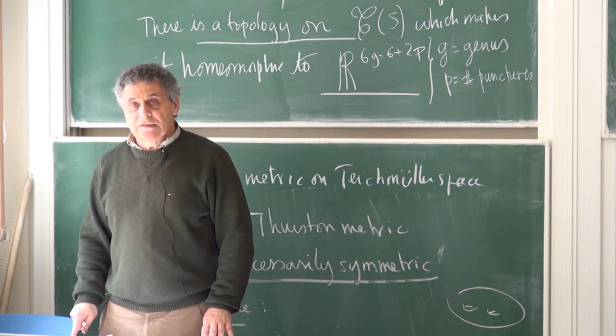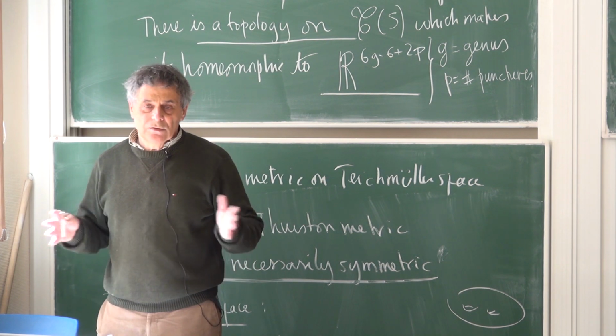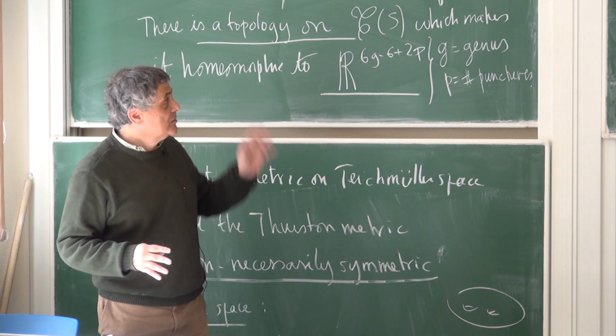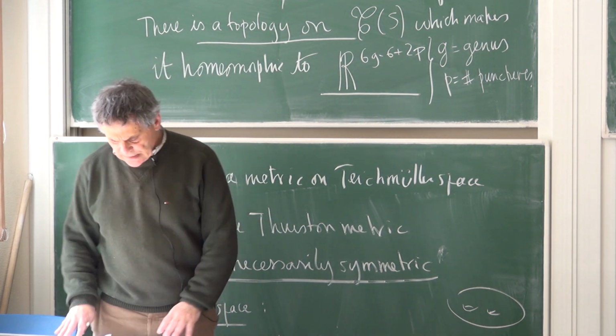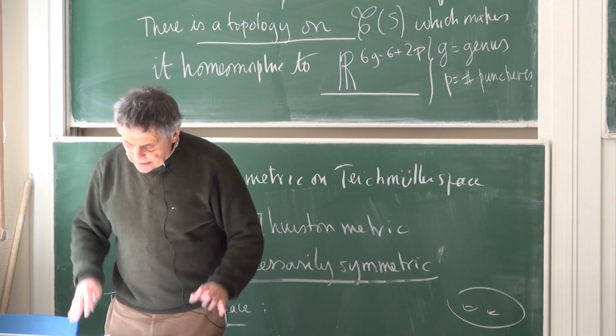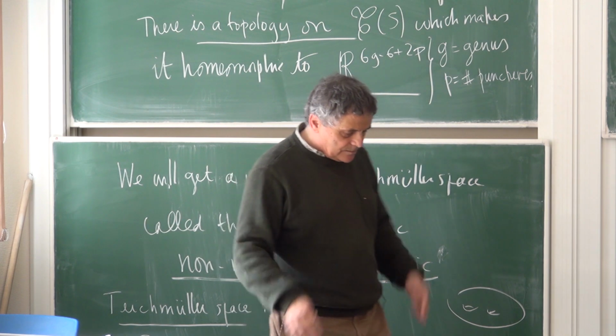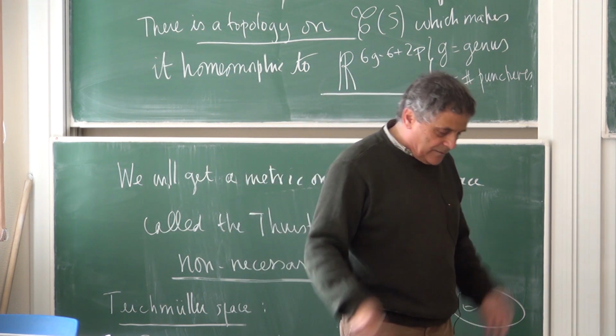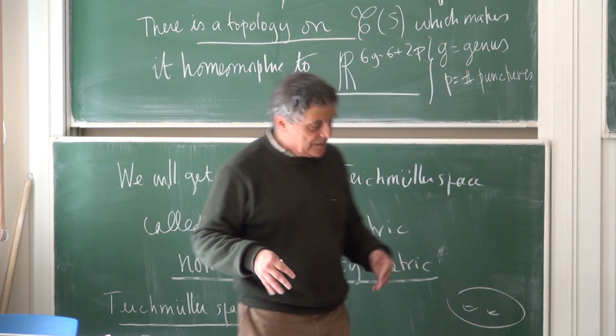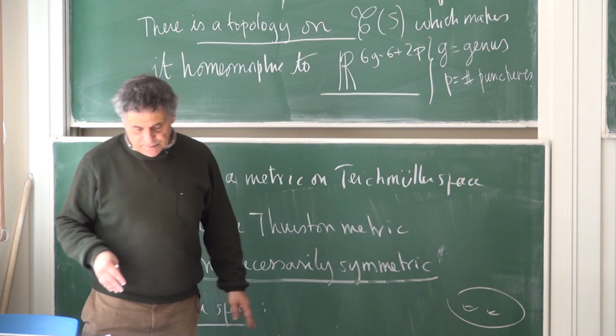People who worked on surfaces of infinite type essentially use the quasi-conformal theory of Teichmüller space, which I'm not using today, or another theory, in fact, the theory of length spectrum, which is not the thing I'm talking about now.